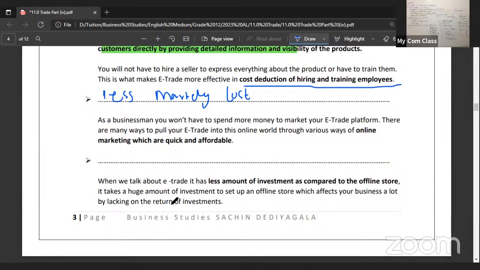Less marketing cost. හරි දැන් කොහොමද ඔයාලා marketing කියන ඔයගේ separate lesson එකක් lesson number 40 grade 13 syllabus, a separate topic, but let me explain how it relates to the electronic trade, how your marketing cost could be reduced.